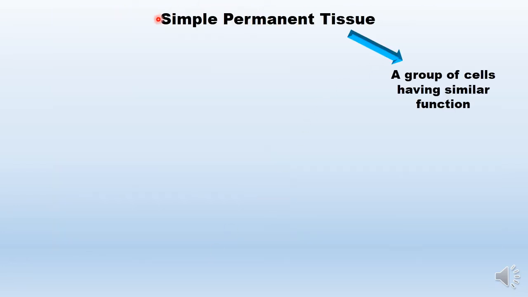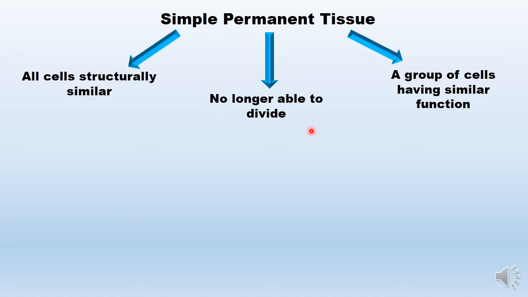So this question often comes, children: define or explain what do you understand by a simple permanent tissue. So tissue is a group of cells having similar function. Permanent means they can no longer divide, and simple means all cells are structurally similar. So what can we conclude from all of this?